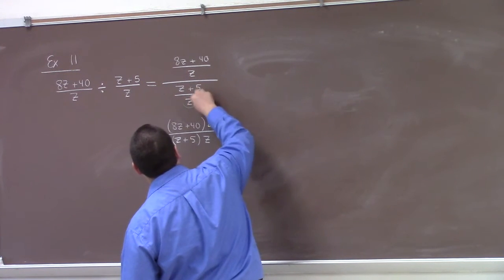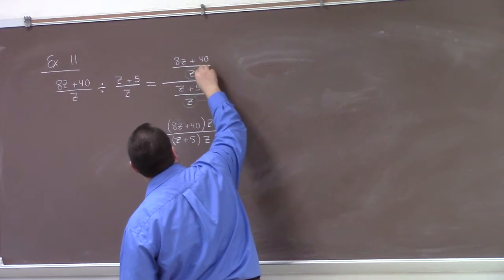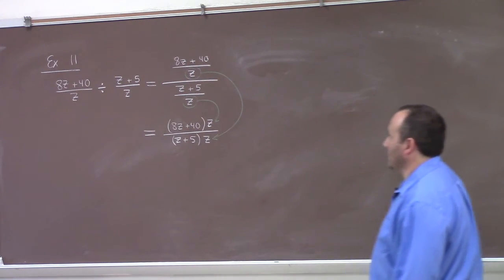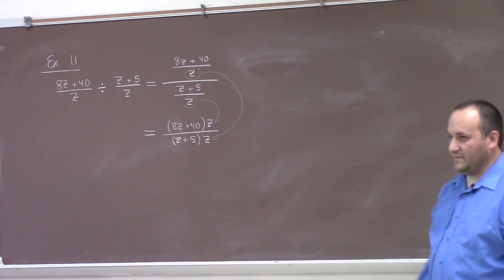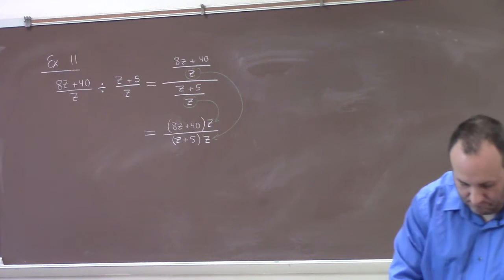So this z becomes that z, and this z becomes the bottom z. And then the 8z plus 40 and the z plus 5 just kind of stay put. That's how I think about it.